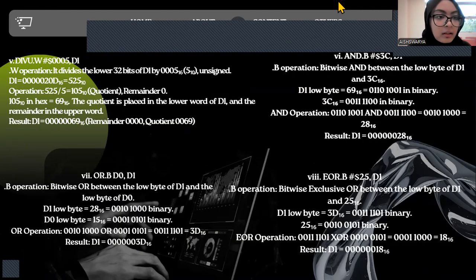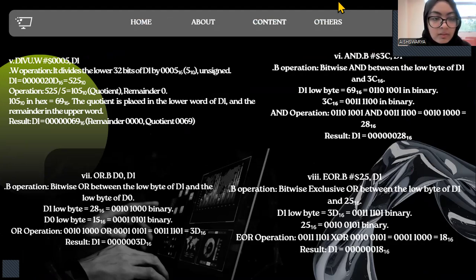The fifth is DIVU.W #5, D1. W operation, it divides the 32 bits of D1 by 5. D1 is 0000020D, which is 525. 525 divided by 5 equals 105, remainder 0. 105 in hex is 69.